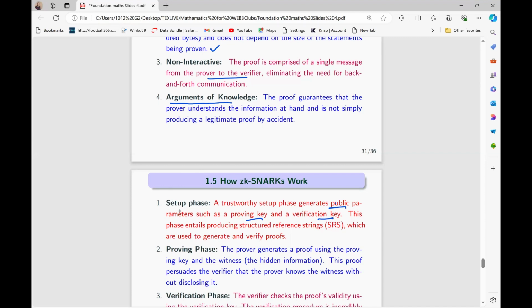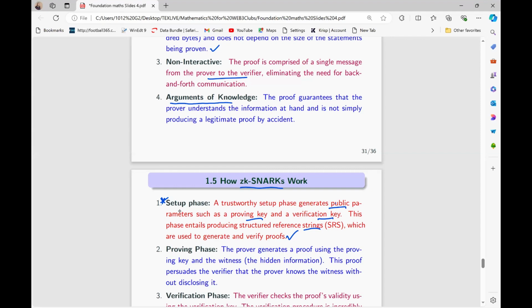This phase entails producing structured reference strings, which are used to generate and verify proofs. And remember, I've said that this setup here will form a disadvantage for ZK-SNARKs. We shall see how it becomes a disadvantage.